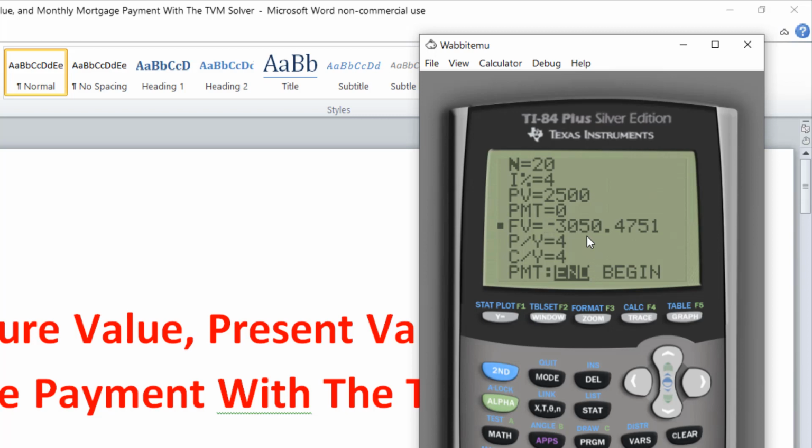And there you have it. Negative 3,050.48. Now again, if you enter the present value as a positive number, the future value will come out negative, and vice versa. So notice if I put a negative here, say negative 2,500, and then scroll back down to future value, hit alpha, enter.